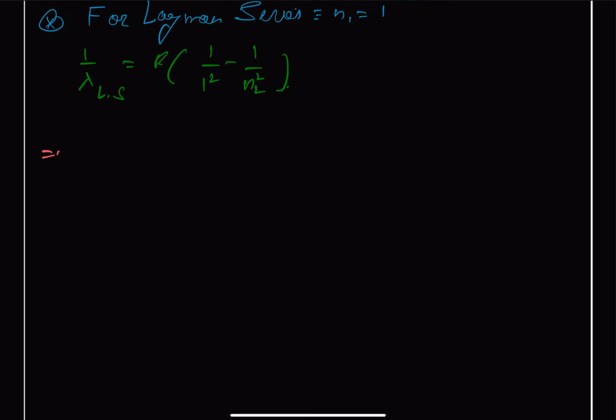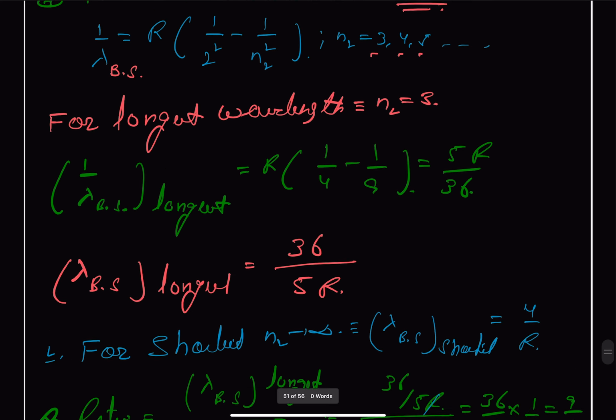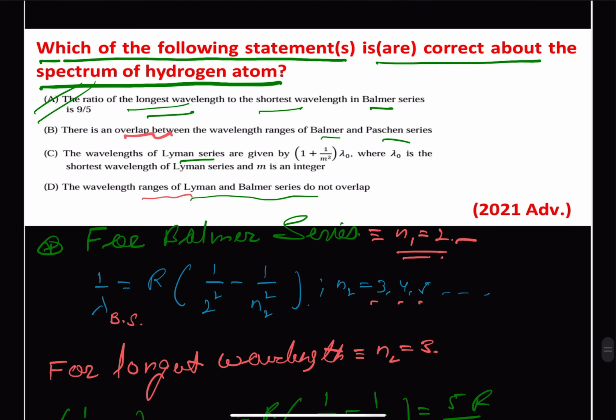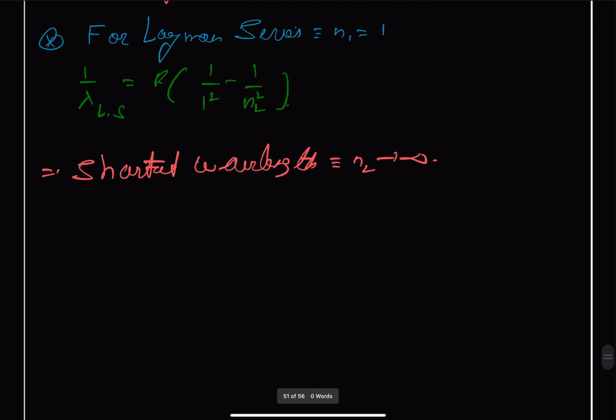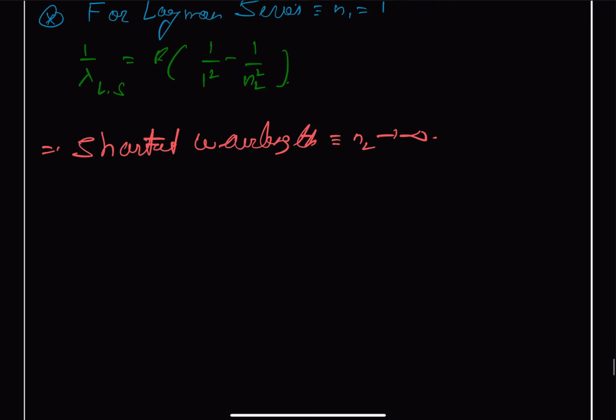Shortest wavelength will be giving us that the value of n2 is infinity. And in this particular question, it is given that lambda naught is actually the shortest wavelength for Lyman series. Therefore, for shortest wavelength, n2 is infinity, and we can just substitute. We get 1 upon lambda LS will be equal to R.